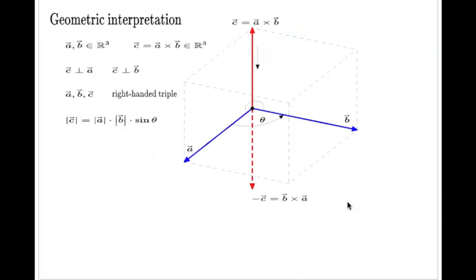The same length, the same condition of perpendicularity, but the direction now is the other way, because now you have to be here and look up to see this turn from B to A counterclockwise. You have to be aware of this interesting fact about cross products. The order in which you write the triple is important. So you sit at the tip of the last vector and you check the turn from the first to the second.